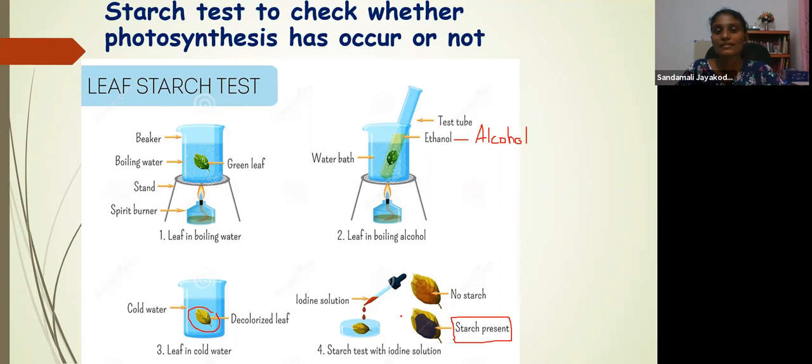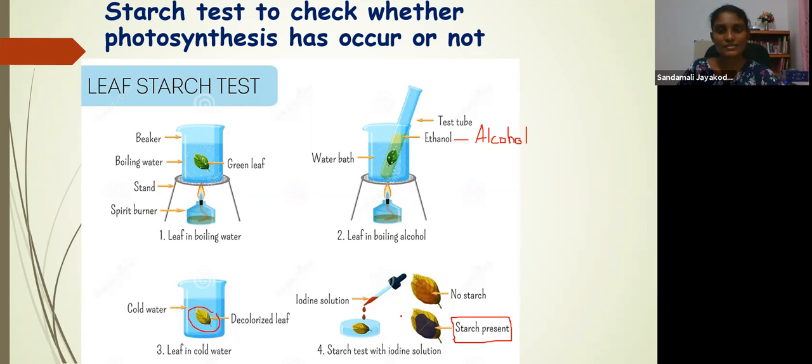We have to answer: the reason is ethanol is flammable. When we hold this ethanol-containing tube in a direct flame, it will catch fire and get burned at once. So to prevent that kind of accident, we put it in a water bath.